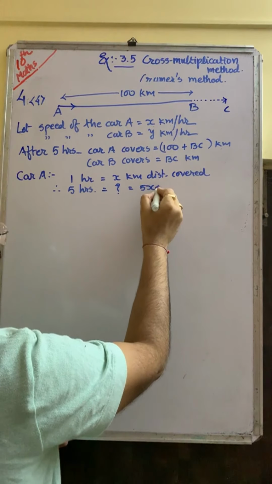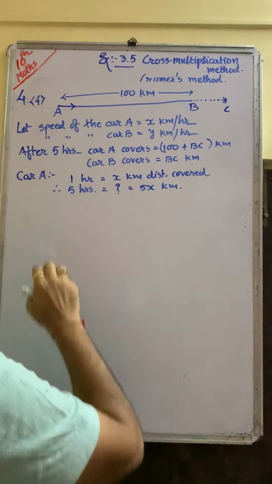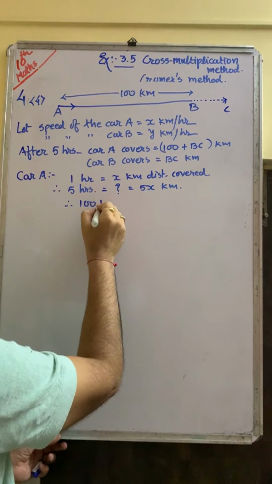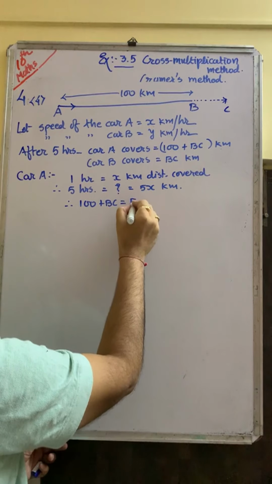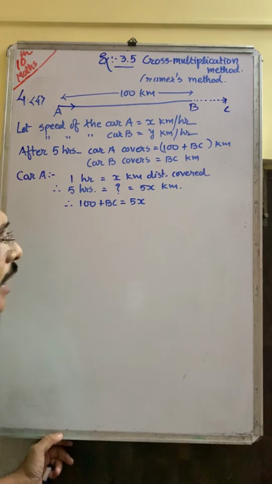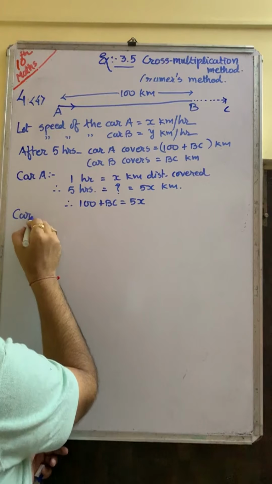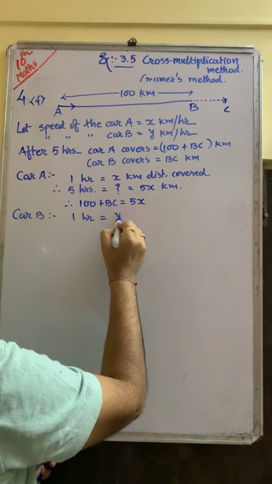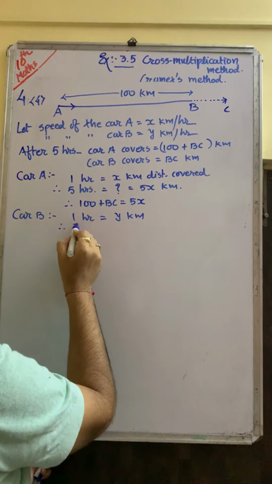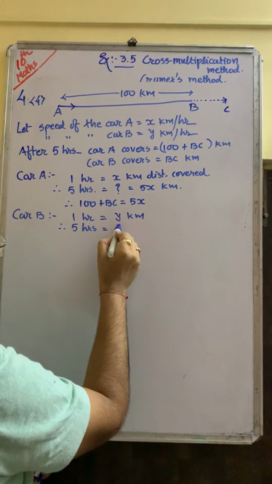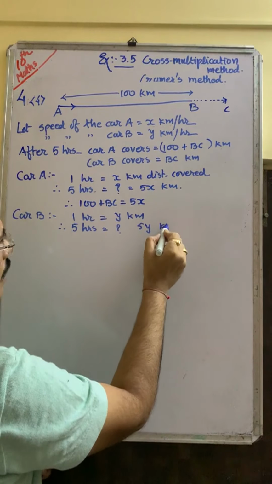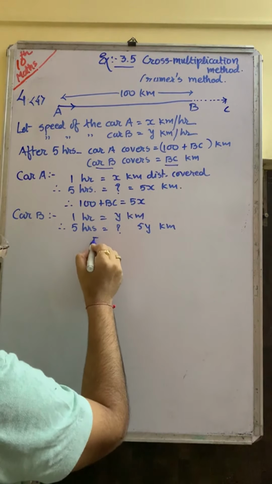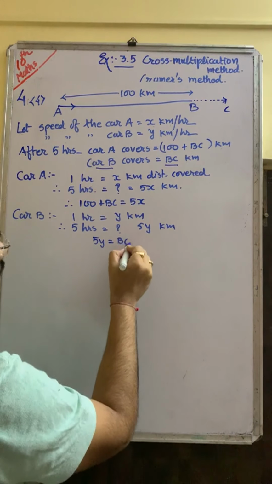That equals 5x kilometer distance. In 5 hours, car A covers this much. So I can write 100 plus BC equals 5x. Is it okay? Now for car B, in 1 hour, car B covers y kilometer distance. So after 5 hours, it covers 5y kilometer. And after 5 hours, car B covers BC. So 5y equals BC.